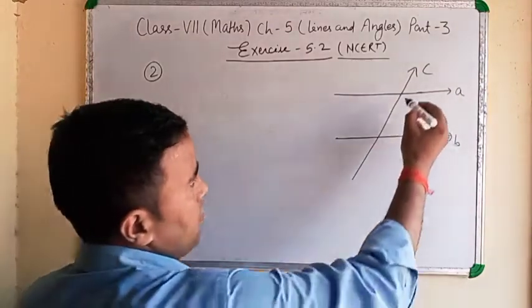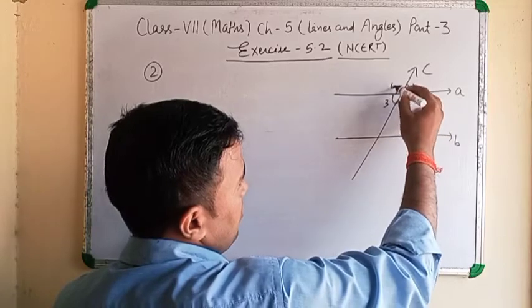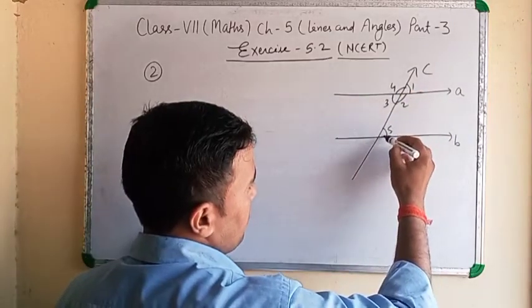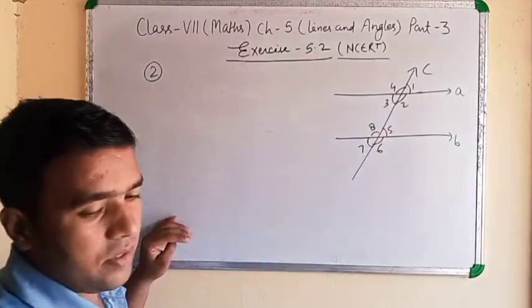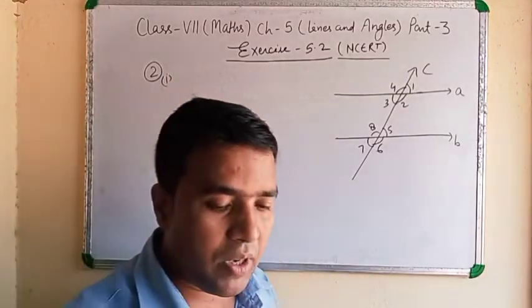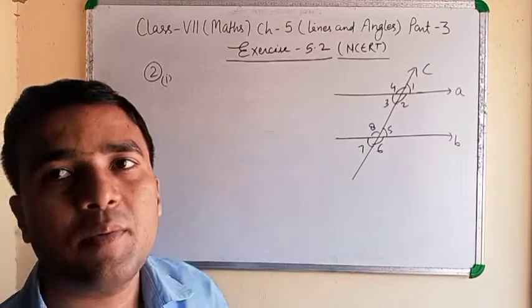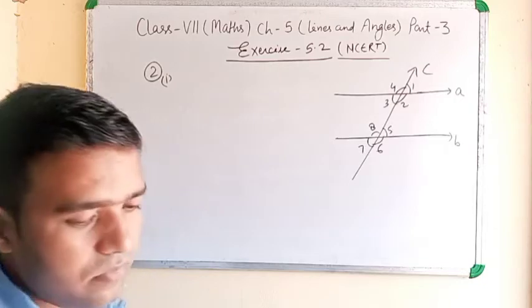Angles 1, 2, 3, 4 are given. Clear? Angles 5, 6, 7, 8 are given. Clear? The first part is asking the pair of corresponding angles. Means in this figure you will tell the pairs of corresponding angles.